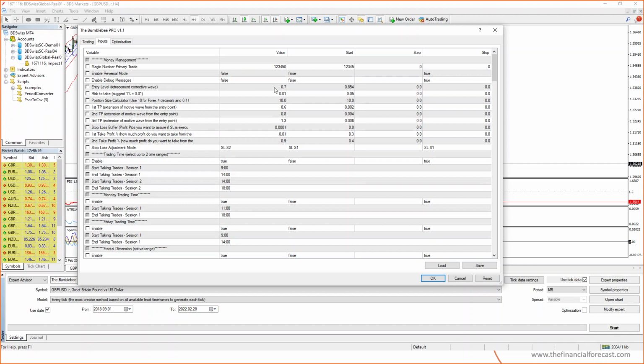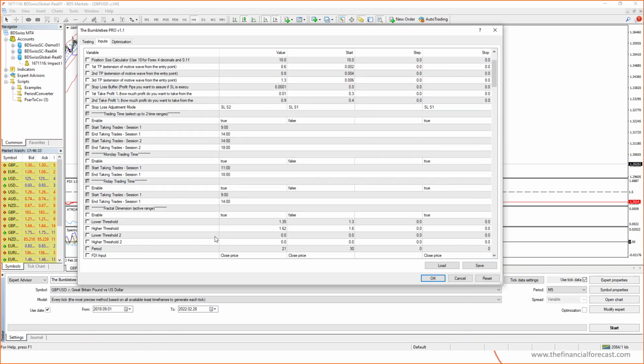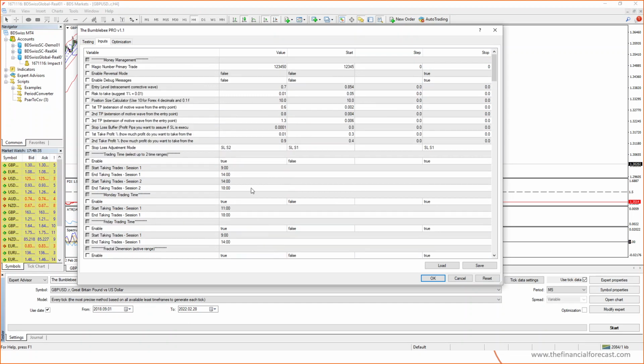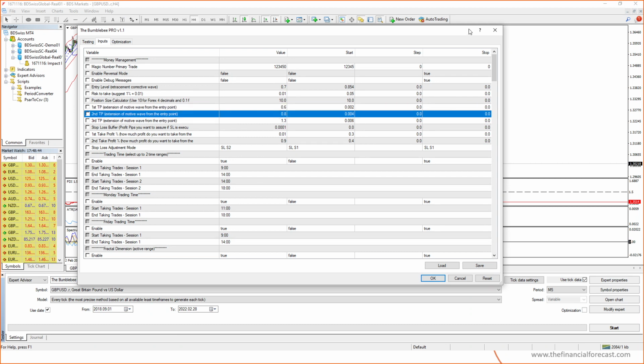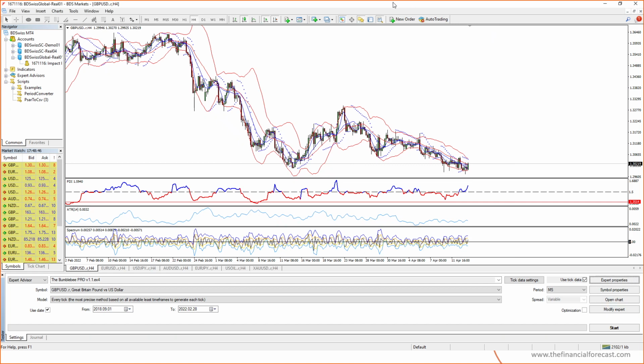So I can enter at this point at 0.7 retracement of the W. I can risk 1%. I will take profit at 0.6 extension of the motive wave, 0.8, 1.3, and so on. And I can select the trading time. So I can modify all these levers, 0.3, 1. You can customize this as you need.